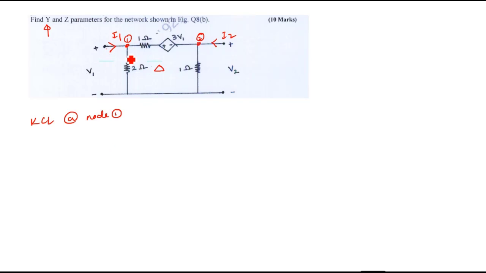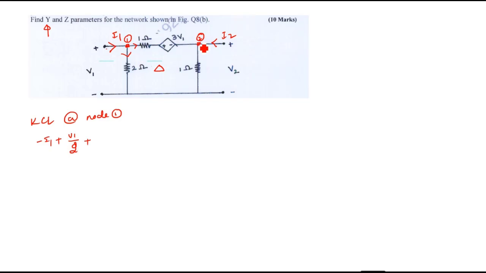At node 1, 3 branches are connected: 1, 2, 3. Assume that these two currents are outgoing. Incoming currents are equal to outgoing currents, so I will take a positive sign for the outgoing currents and negative sign for the incoming currents. So minus I1 plus current flowing through this branch is V1 divided by 2, plus current flowing through this branch. The total voltage is the sum of these three voltages.